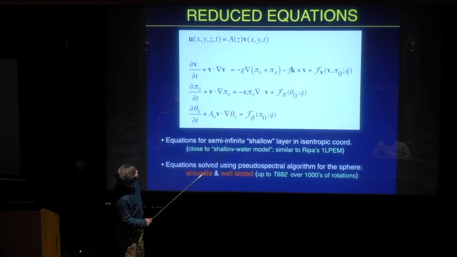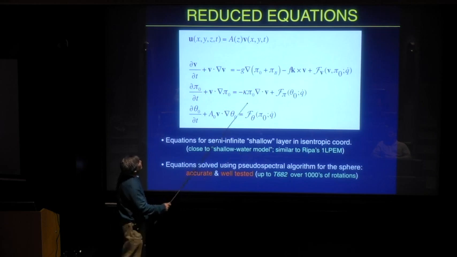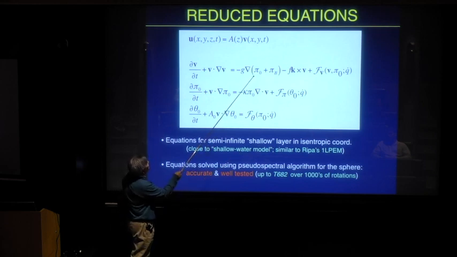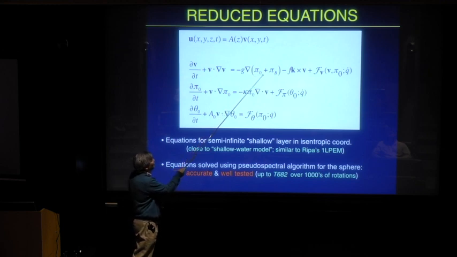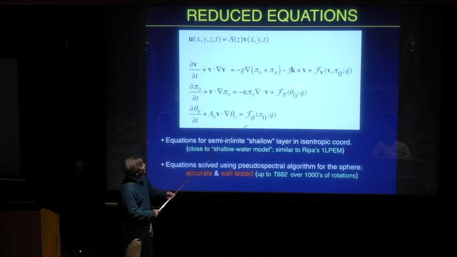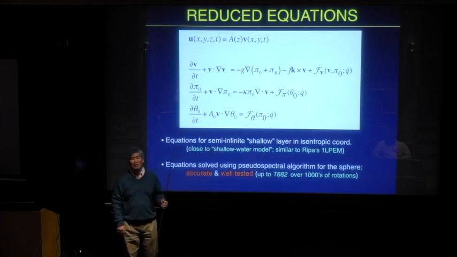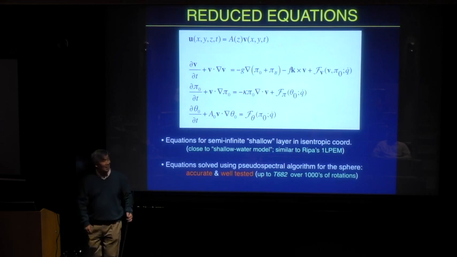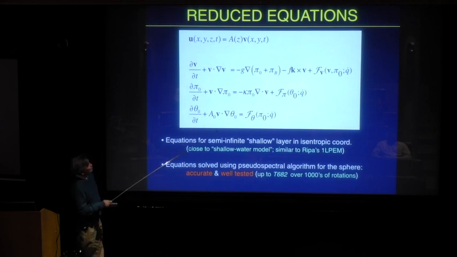Anything else that I need to explain? In normal shallow water, this will be like the height term, and this will be like the bottom boundary term. All these are just whatever your favorite forcing and dissipation. It looks scary, but it isn't.